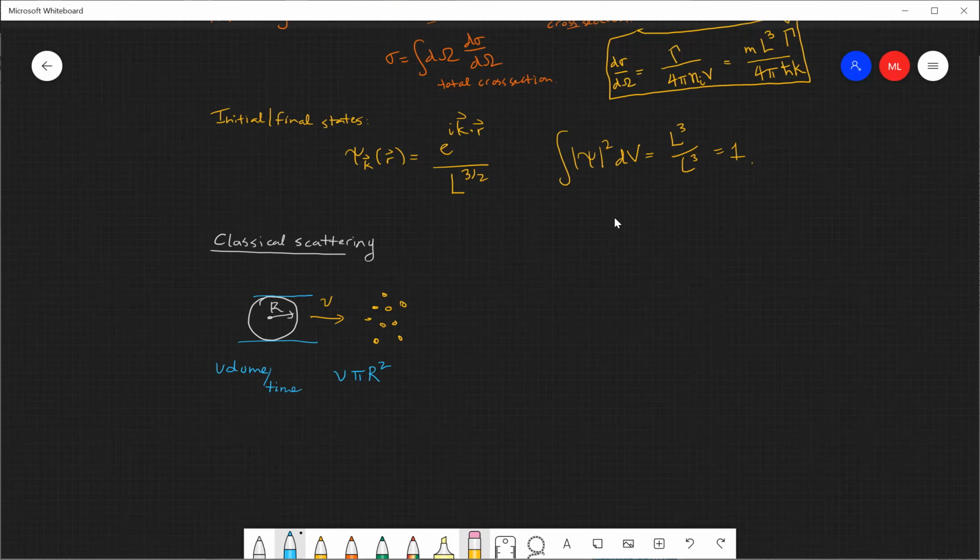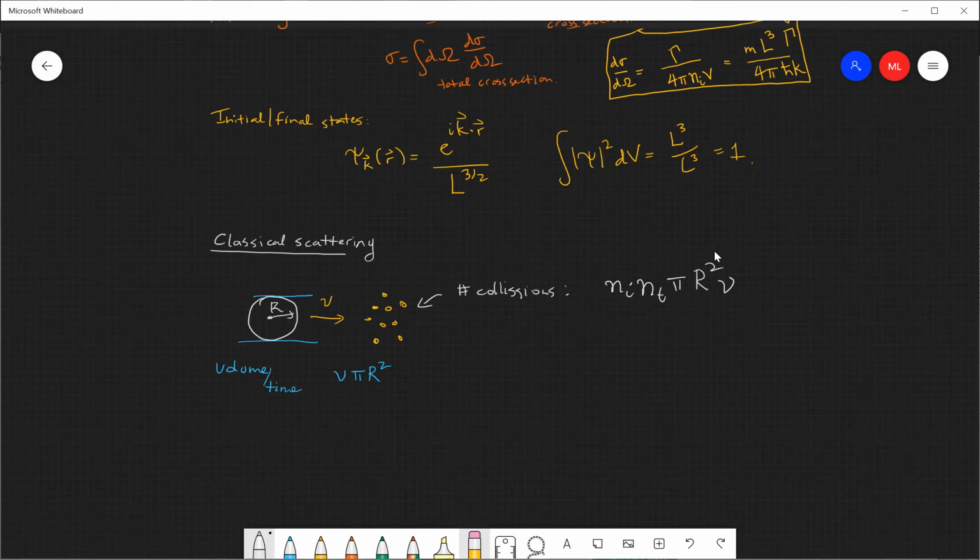That's the amount of volume it sweeps out, and as it moves through these targets, the number of collisions should be the density of the incoming particles times the density of the target particles times the volume that it sweeps out. This should give us the number of collisions per unit time as the thing moves through that sea of target particles.